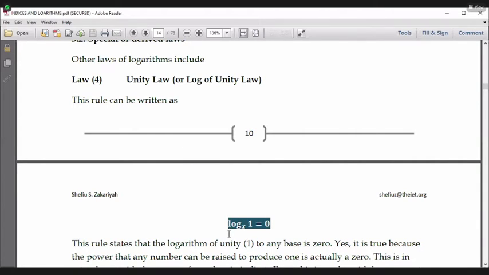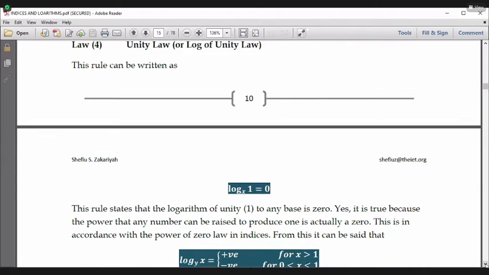Any base, you take log of 1 will always be 0. Reason: in index form, x power 0 is 1, and the index is the same as the log. So logarithm to base x of 1 is always 0.